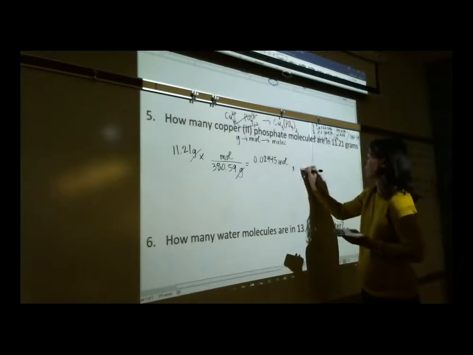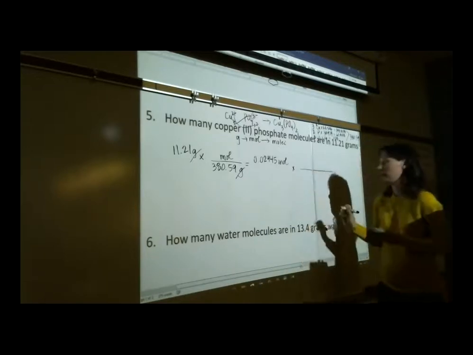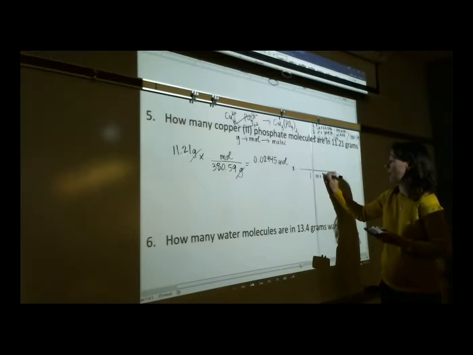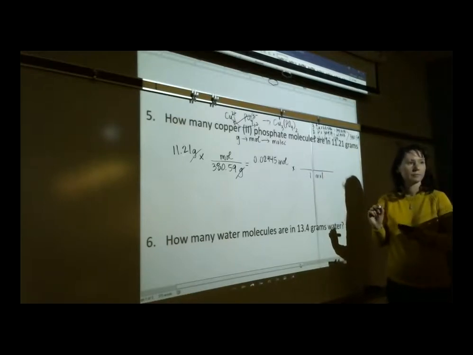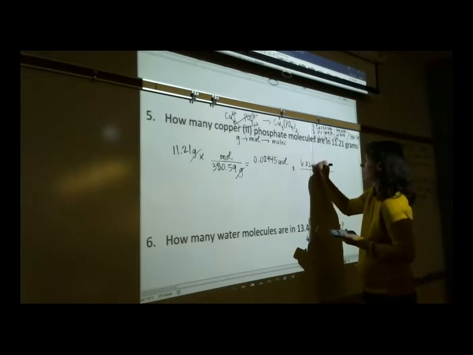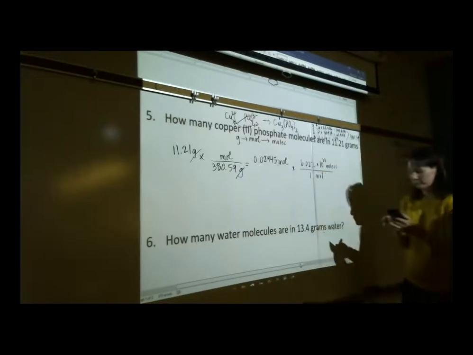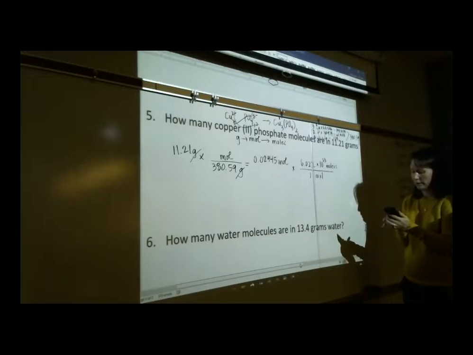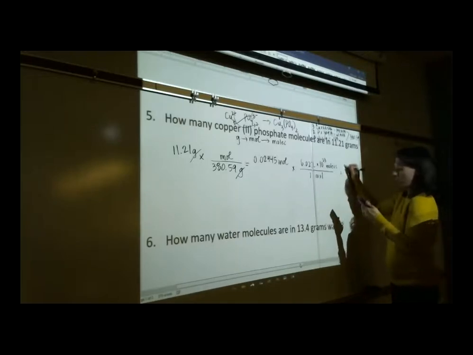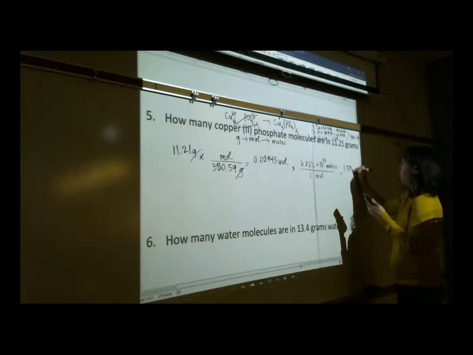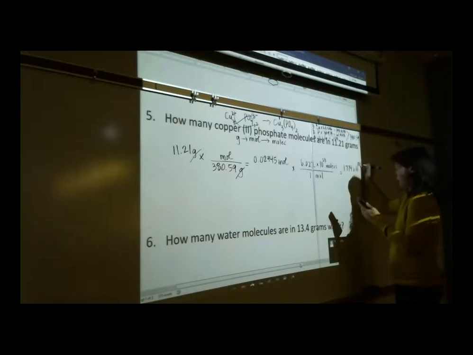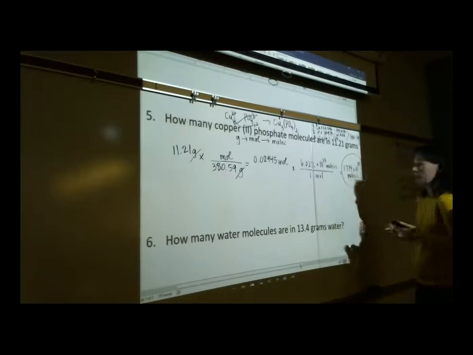So what do I use for this conversion factor? 1 mole is equal to how many molecules? Avogadro's number, right? 6.022 times 10 to the 23rd molecules per mole. So times 6.022 times 10 to the 23rd gives me 1.774 times 10 to the 22nd molecules. Do we agree on this one?